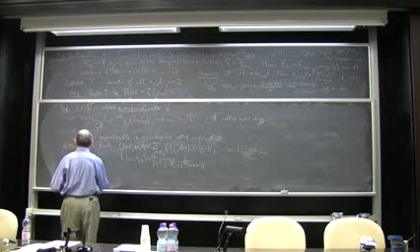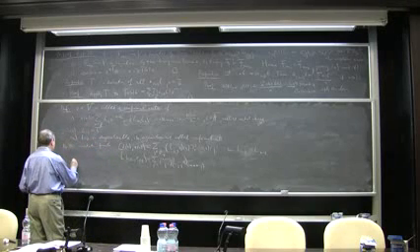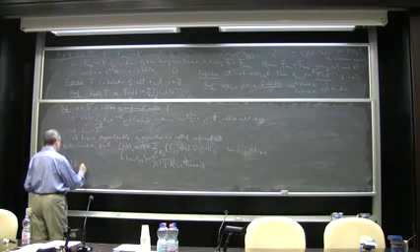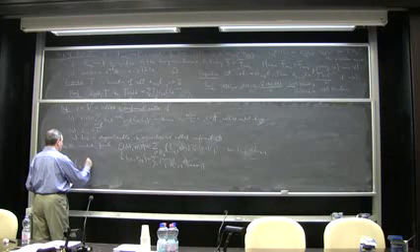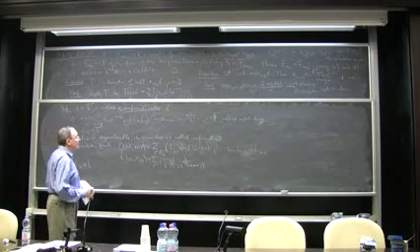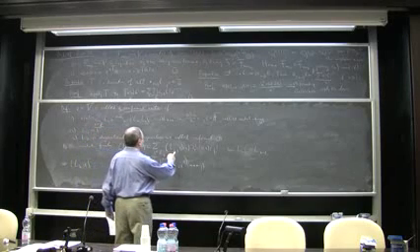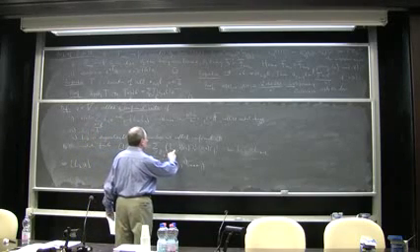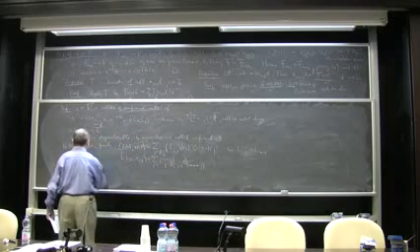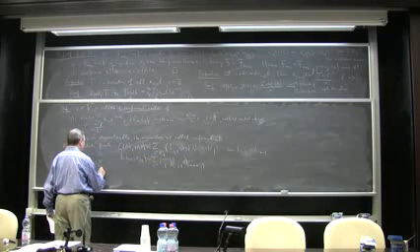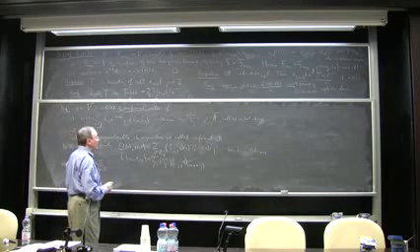Therefore, now what is the lambda bracket with A? So this is equal to the sum over j greater or equal than 0.